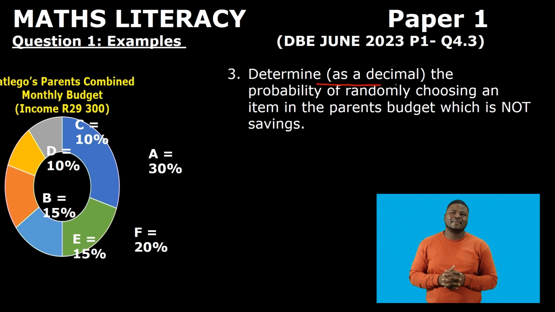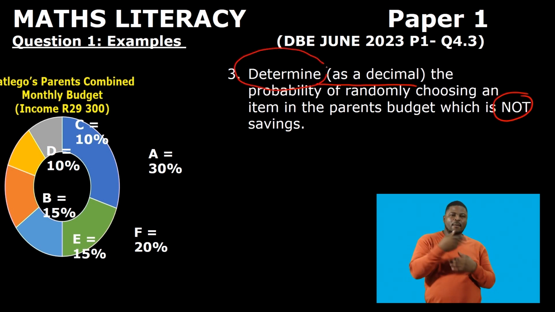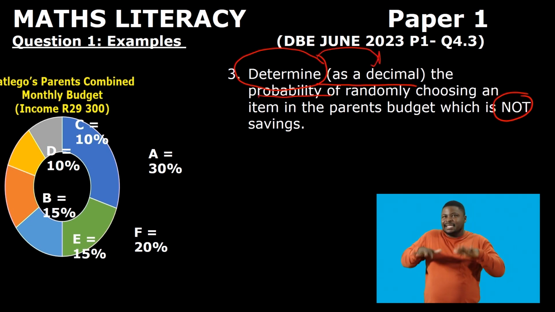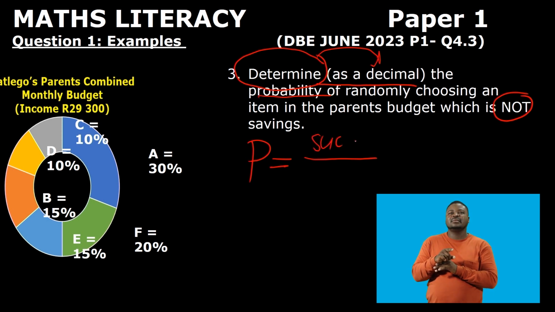Determine as a decimal the probability of randomly choosing an item in the parents' budget which is not savings. Okay, so remember here the action verb is going to be determine. Then what do I need to determine? The probability as a decimal. So you are going to use your formula. Probability is the number of successful divided by the total.